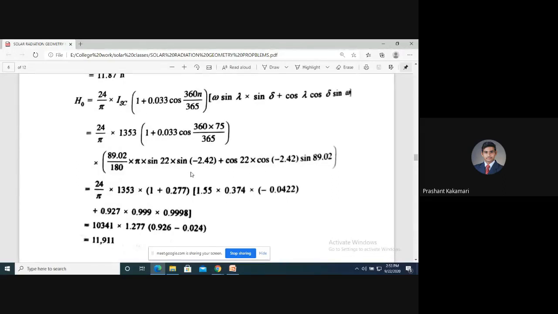So substitute all the values we have found out in the given numbers and find the H naught value.